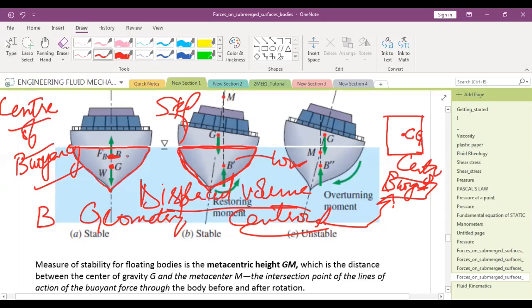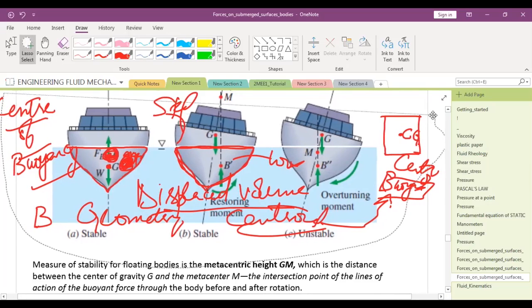So whether the material here is wood, steel or any material, it does not matter. Center of buoyancy will always lie at this point. Clear? Any doubts to anyone?